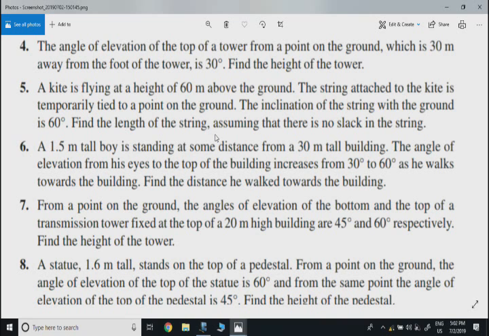Then it will become 10 root 3. Shillong Center. Yes, Senapati, the answer is right for question number 5. CC Pur, the answer is right.